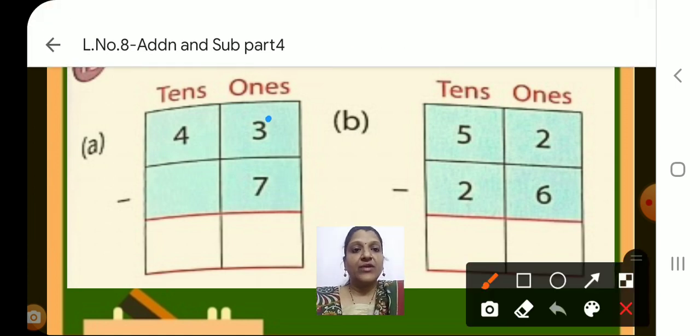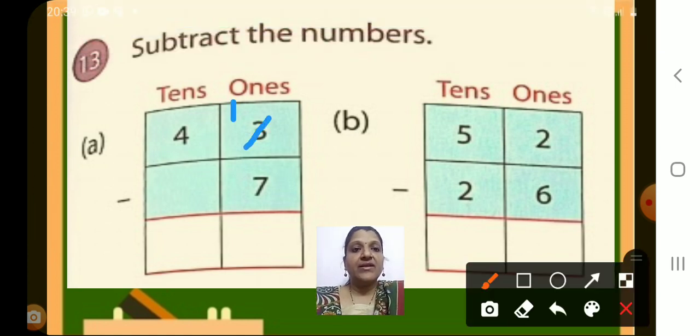We will strike off 3 and write 1 ten and 3 ones, that is 13, above it. Now we will do the subtraction of the ones place as 13 minus 7. So how much is it? Yes, 6. So write 6 in the total.